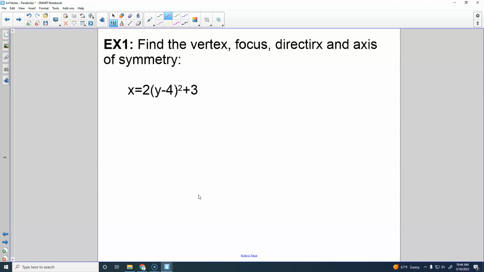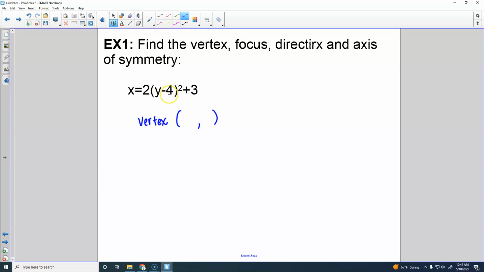So the first thing you're going to be looking for is the vertex. And so everything is backwards here. When I'm looking for my vertex, I need to look right here inside of the parentheses. I'm going to use the opposite sign because this is inside of the parentheses. I will get a 4. Is that my x or my y coordinate?